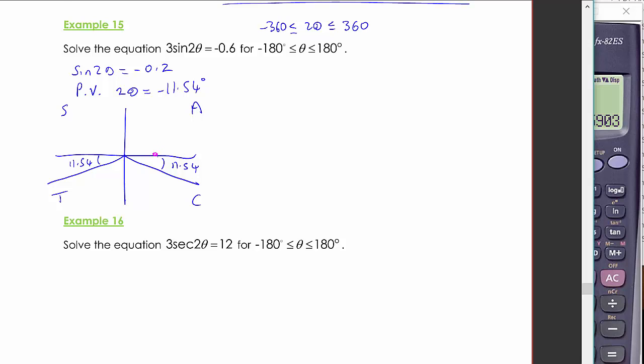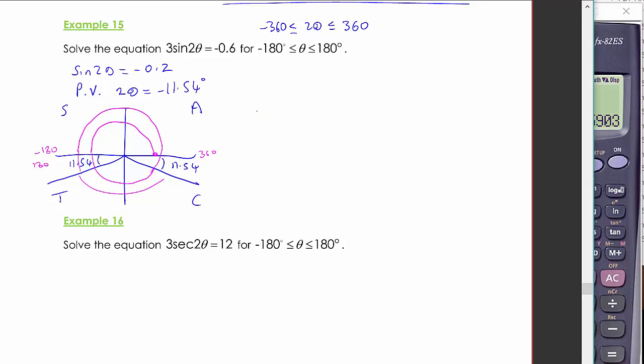So negative 360. So that would be negative 180 on the first time round. And then we've got that. And then this one here is the negative 11.54. And then we'll keep going. And on the second time round, this will be 180, add the 11.54. On the second time round, that one's 360, take away 11.54.